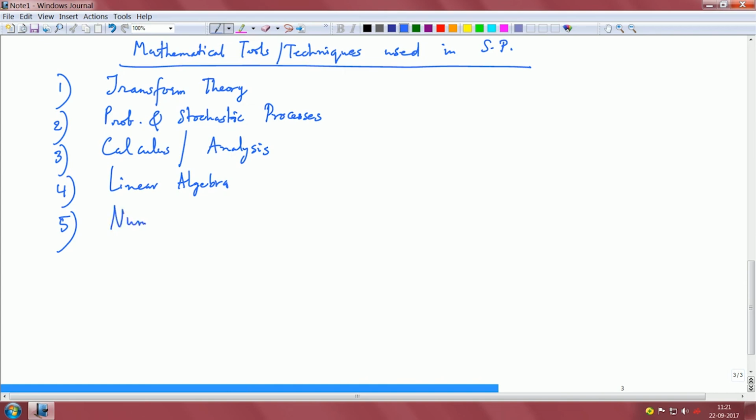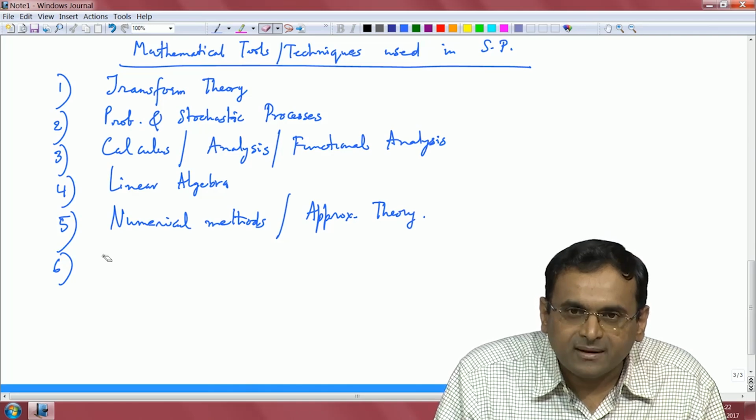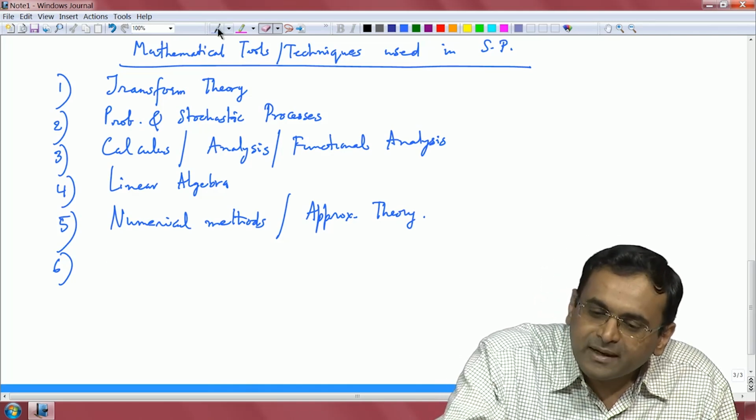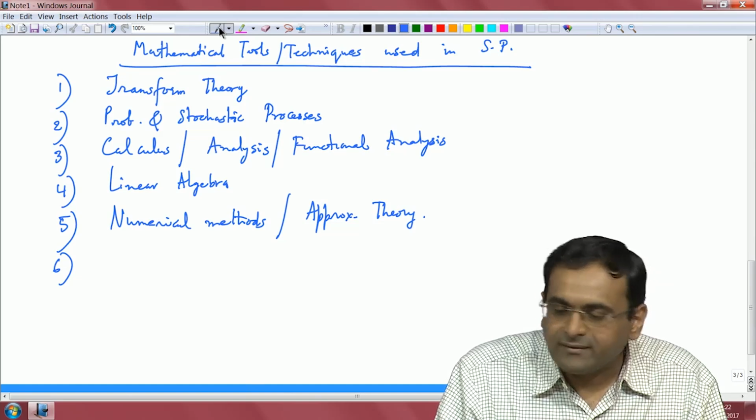We will need numerical methods, and I would say very broadly we will need techniques and tools in approximation theory, and I would say we will need functional analysis. Often when we have to derive things, we have to set up optimal, we want to optimize on something, that something has to be a functional, and we have to set up a functional, and therefore studying the techniques, properties, building these functionals, studying the properties, etc., we will need functional analysis.